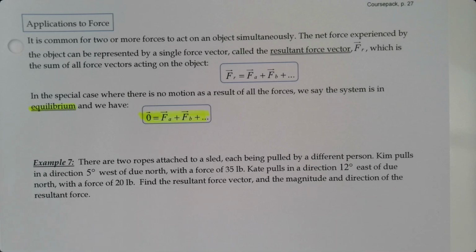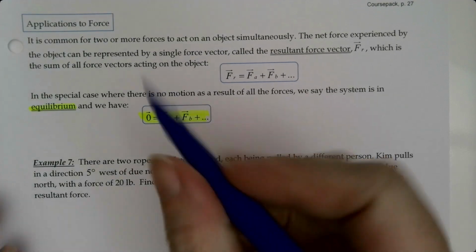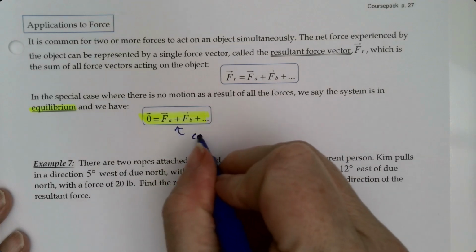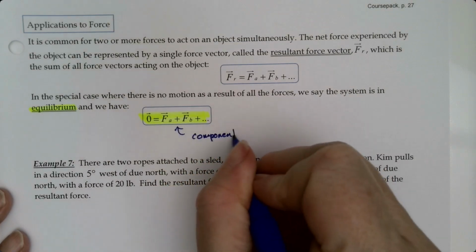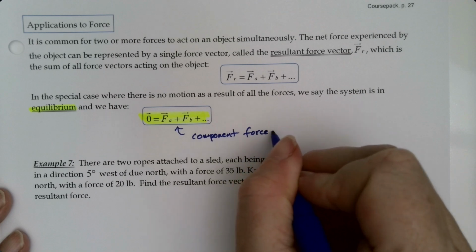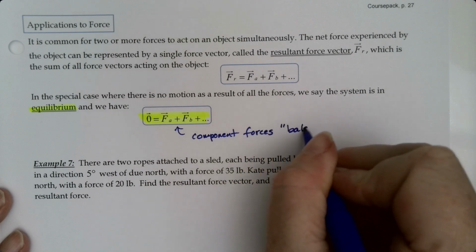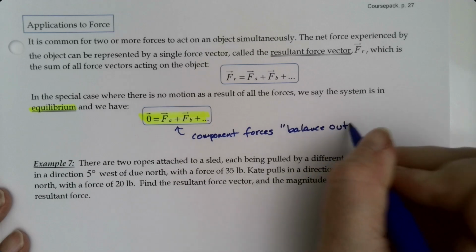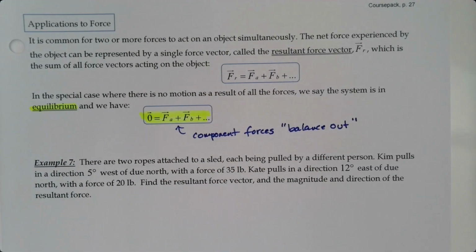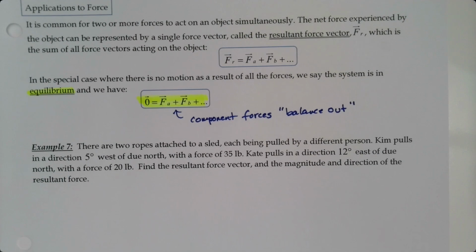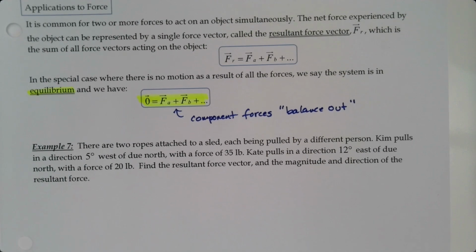In other words, all the x components, the y components, the z components, they all balance out, right? So the component forces balance out, if you will, or cancel each other out. And we use that a lot to solve problems like this.